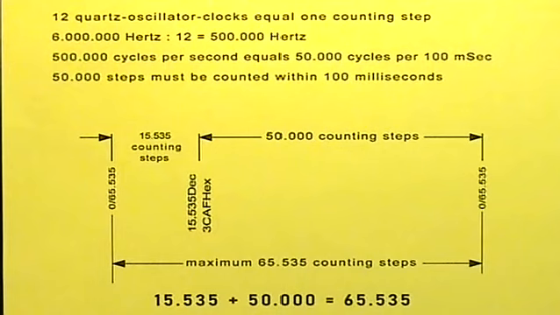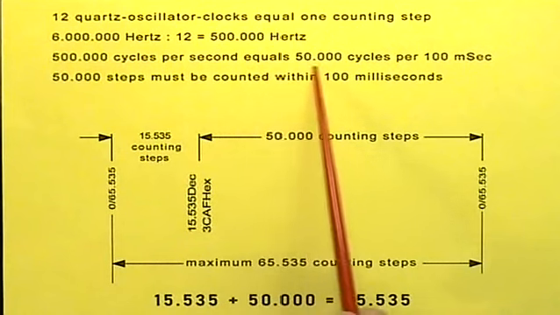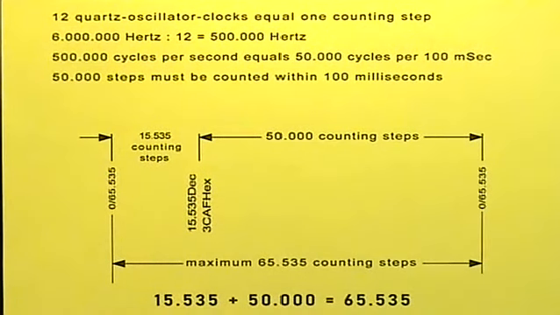500,000 cycles per second are equivalent to 50,000 cycles per 100 milliseconds, respectively the target time span. The 16-bit counter timer T0 can count from 0 to 65,535, which corresponds from 0 to FFFF in hexadecimal counting.